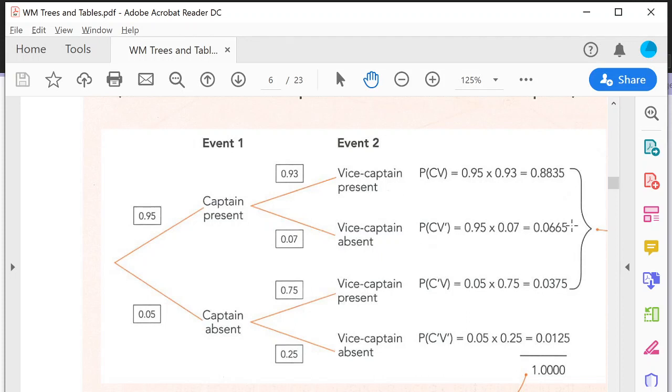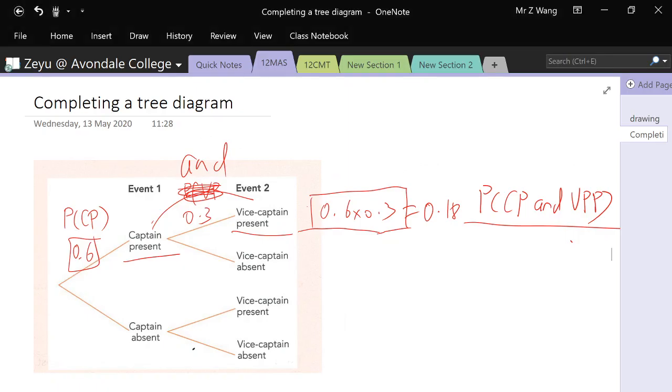So it turns out and, or, these are two very important logic words. You have to carefully distinguish them. Normally, in the context of a tree diagram, when we're doing or, in mathematics we're talking about plus.